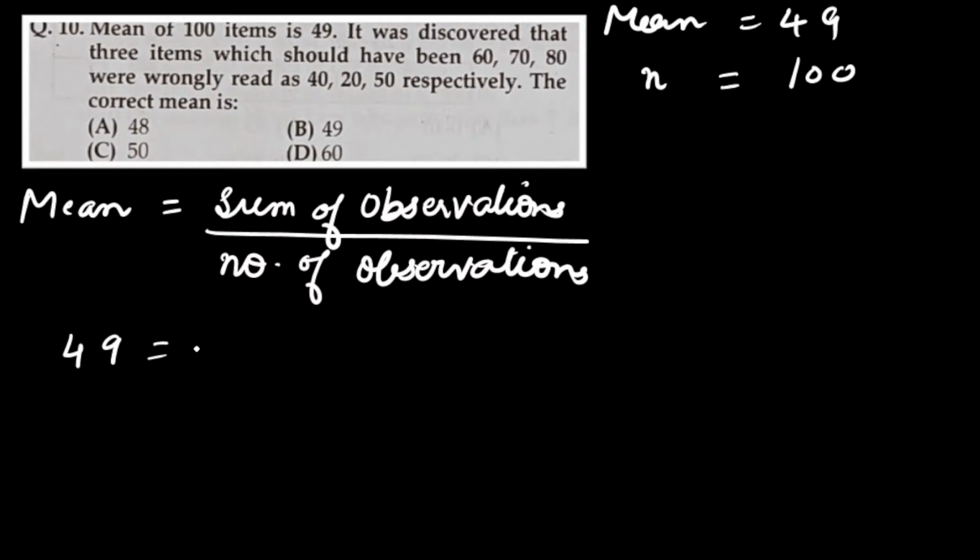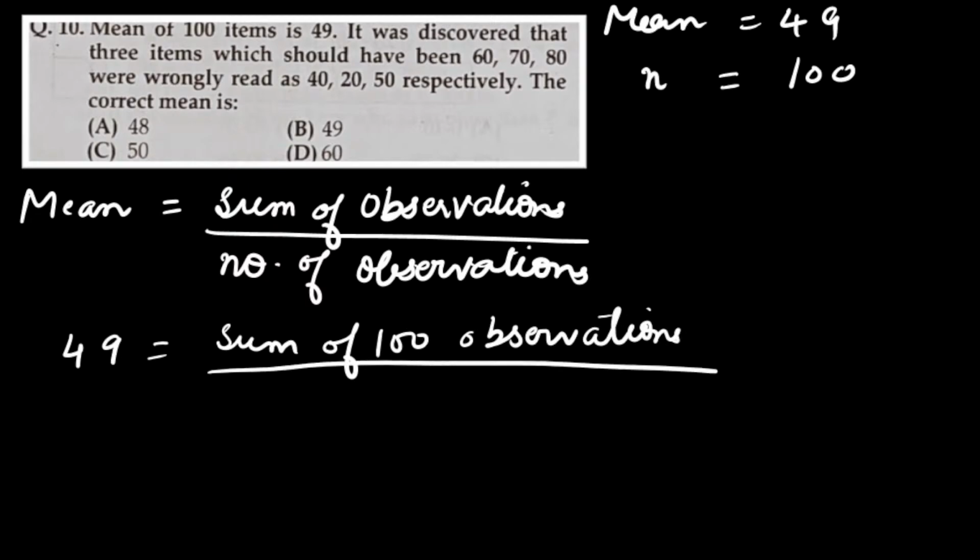What we will do in these types of questions is first find the sum. Sum of 100 observations we will find here, because we know the mean and the number of observations for the wrong one. So 100, when I shift it to the other side, which was dividing, gets multiplied.